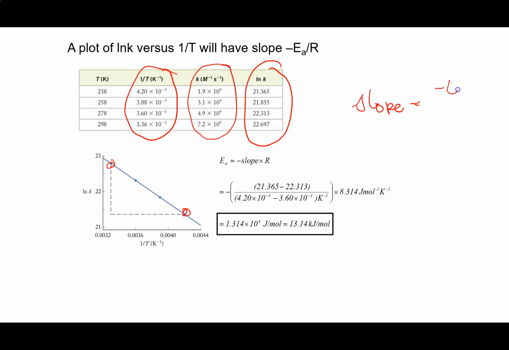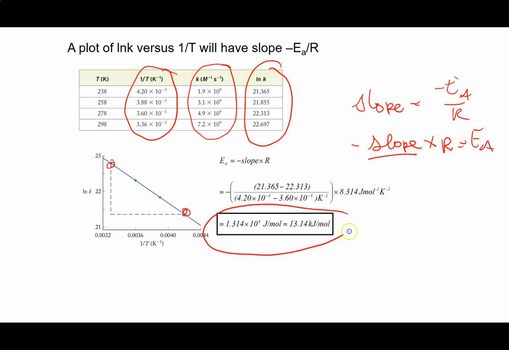You want to keep in mind that the slope is minus Ea on R, so I've got to multiply both sides by minus 1 and R in order to get the Ea. So that's what I'm doing here. There's my slope multiplied by minus 1 multiplied by R. And there's my activation energy, and that's a pretty typical activation energy. They're normally a few kilojoules per mole up to perhaps a few hundred kilojoules per mole.